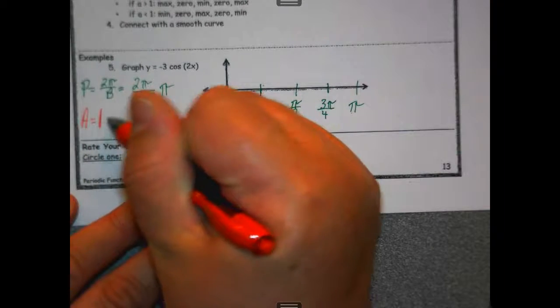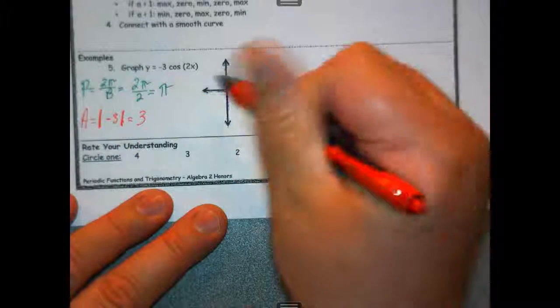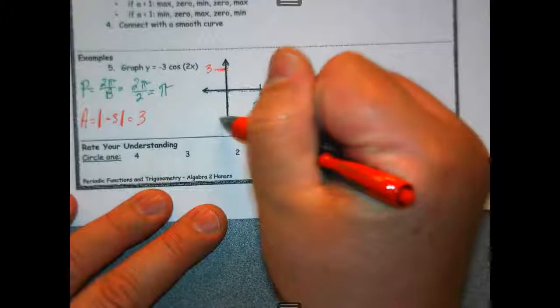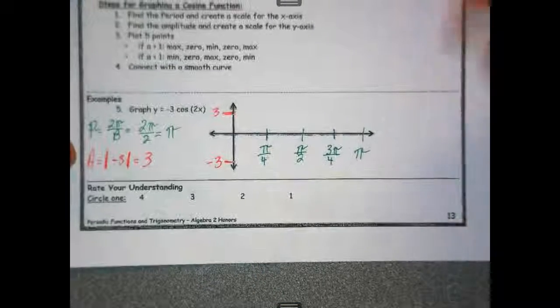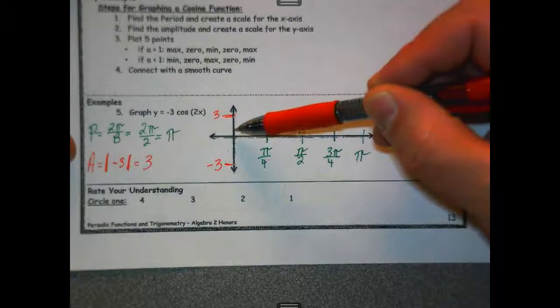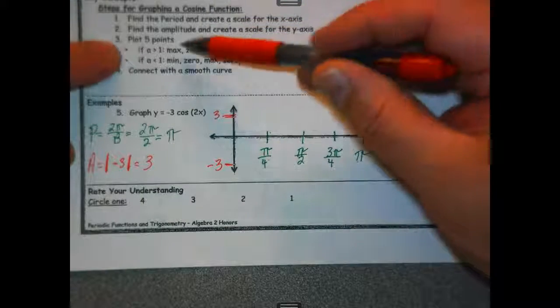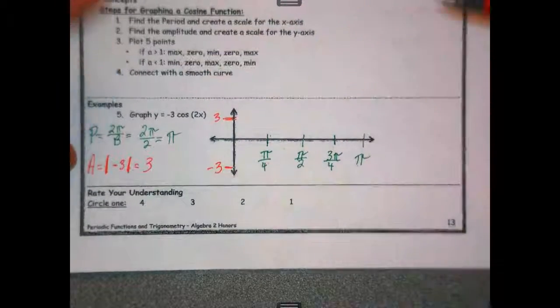The absolute value of little a, which is 3. Now, cosine. Again, the only difference between cosine and sine is that it starts at the max or min. Remember, sine always started at 0.